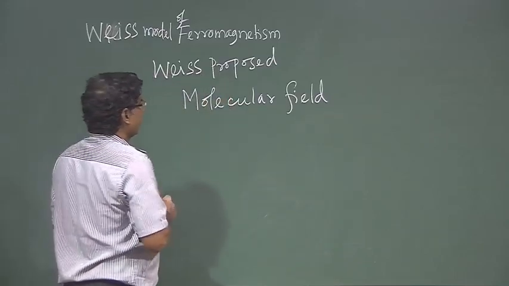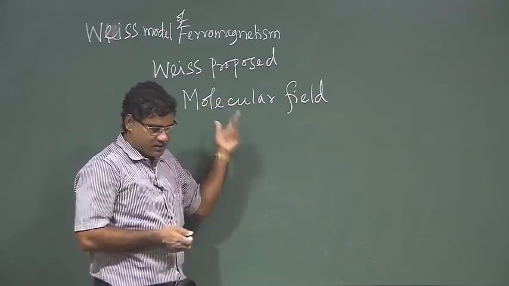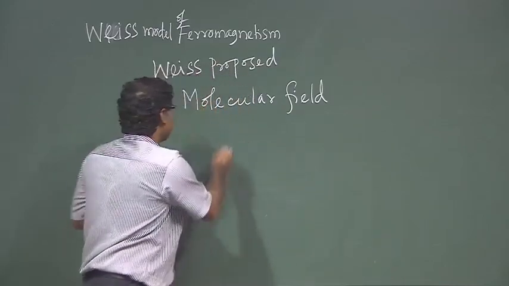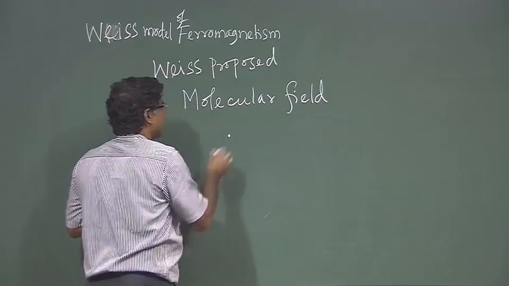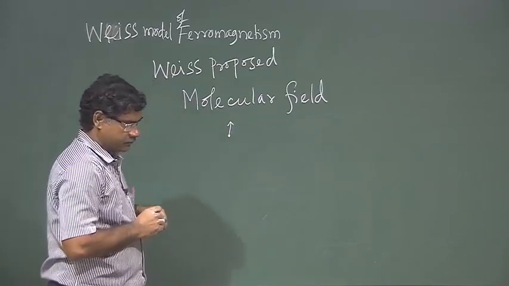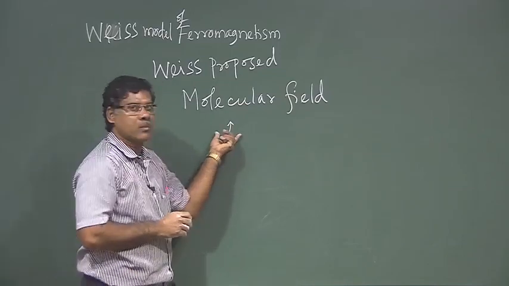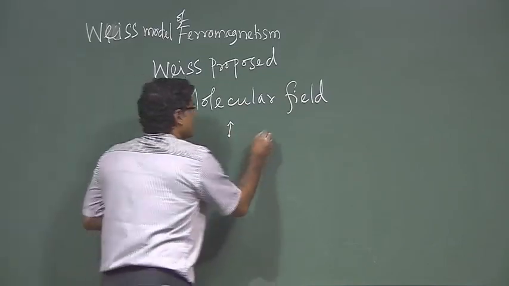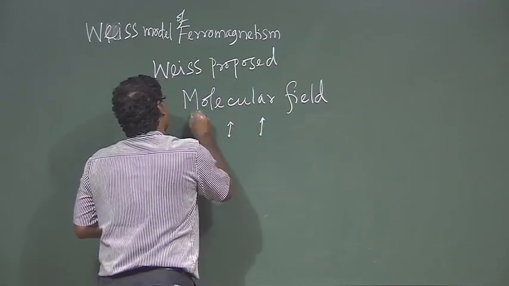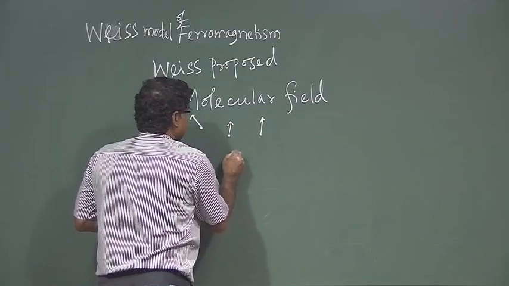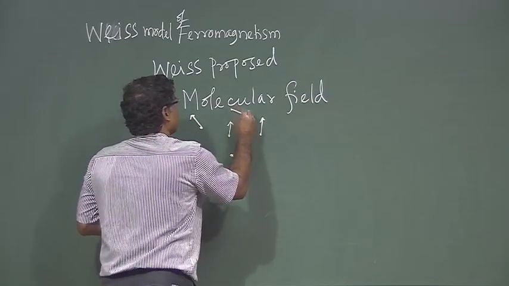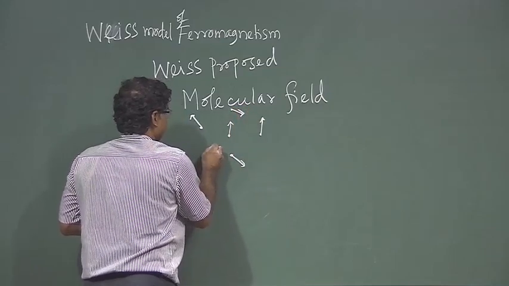And from where is this field coming? So, he is thinking that you have a permanent dipole moment, with many dipole moments surrounding this one. Okay.